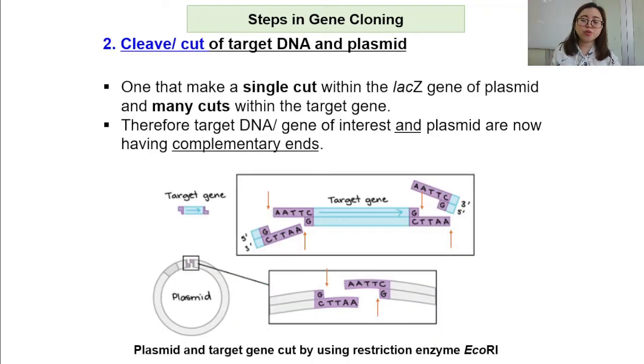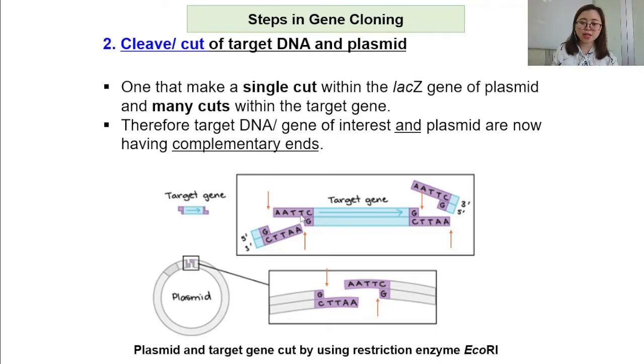Okay, so you will use an enzyme that make a single cut within the LacZ gene of plasmid and many cuts within the target gene. So kita akan pilih restriction enzyme yang akan potong plasmid sekali sahaja, tapi yang akan potong target gene berkali-kali.